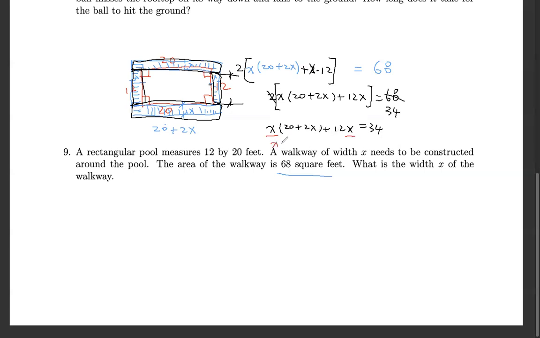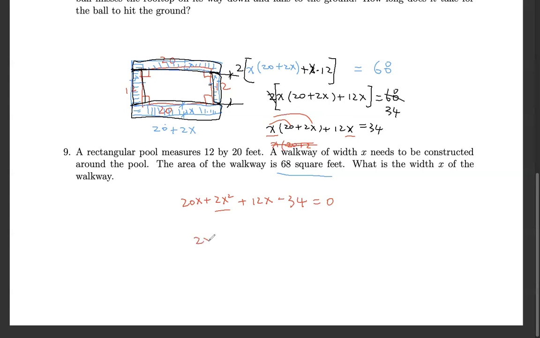So let's factor x. Then we have 20 plus 2. You know what? We don't want to do that because we have 34 on the other side. Okay, let's distribute. We have 20 times x, which is 20x. We have x times 2x, which is 2x squared. Then plus 12x. Then we move 34 to the other side, becoming negative 34 equals 0.